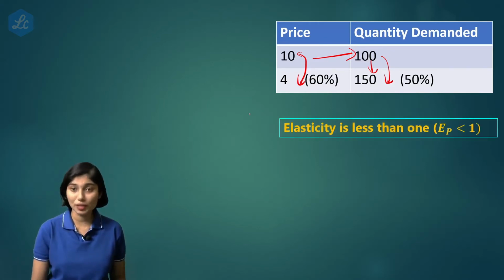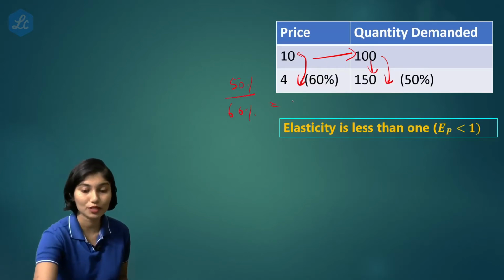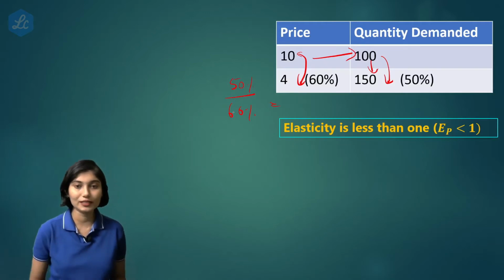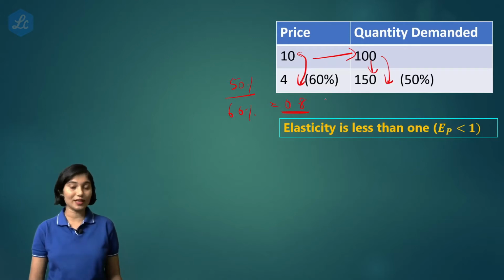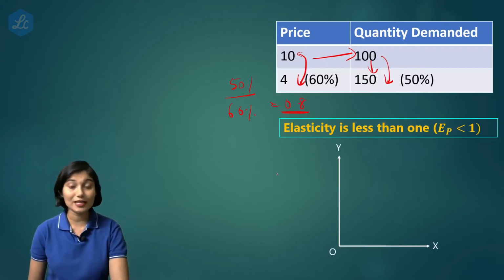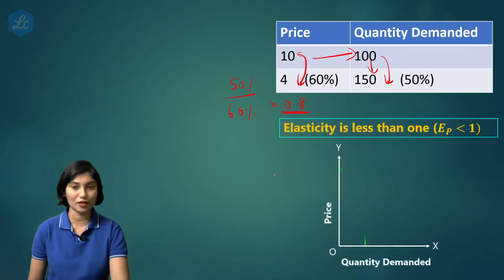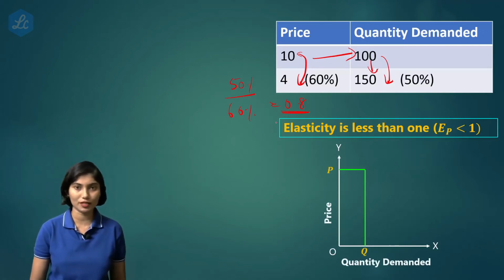So if you have to compute this, what's going to happen? 50% divided by 60%. You may compute. You will get the answer as 0.8. This is less than 1, right? So elasticity is less than 1. If you have to plot this on a graph, let us see what shape of the demand curve you are going to have.